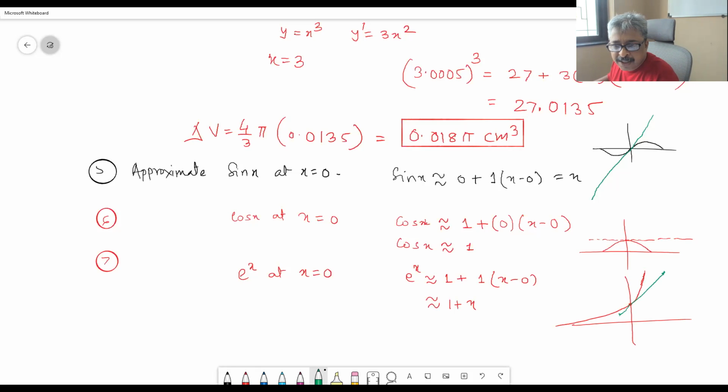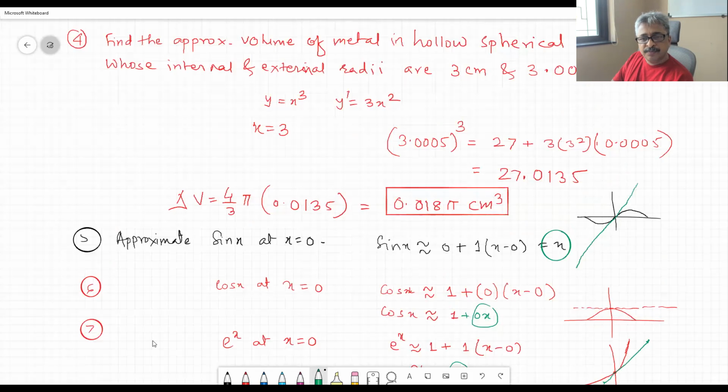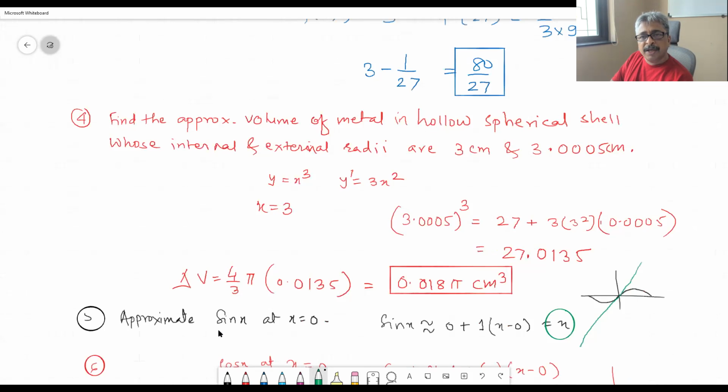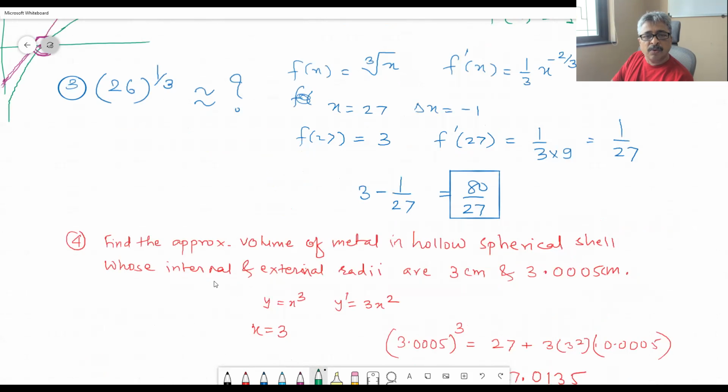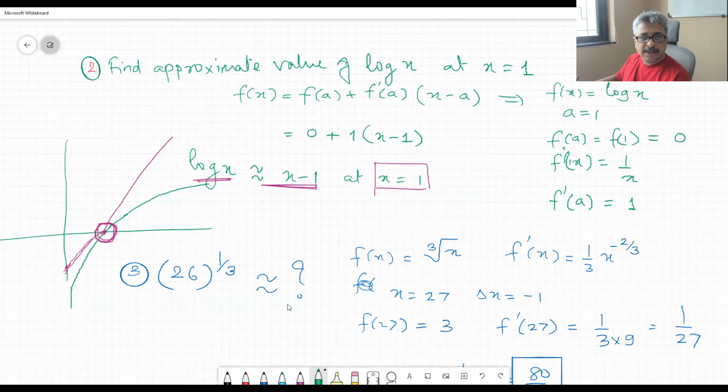Linear because in every approximation that you have done, your power of x is 1. In all earlier problems also, power of x is 1.